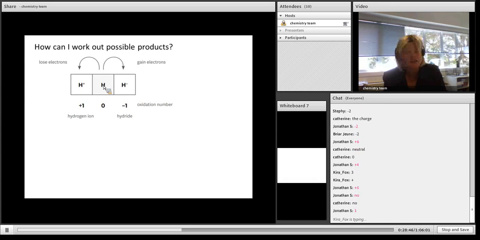So hydrogen has got how many valence electrons? A hydrogen atom. 1.